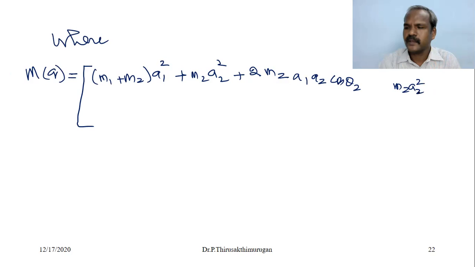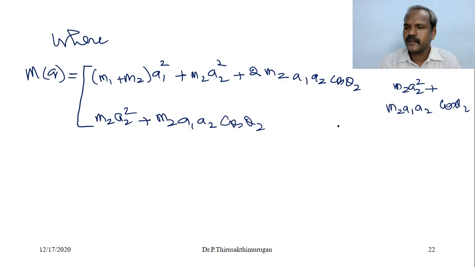So this element is m2 a2 square plus m2 a1 a2 cos theta 2. And this element is m2 a2 square. That's all. This is the acceleration matrix, M of q.